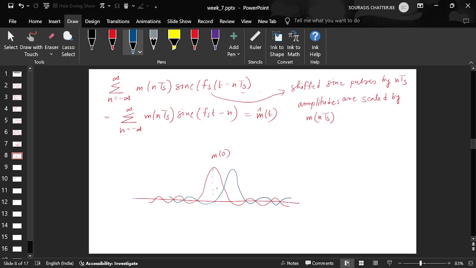The important part to know is that at this point the contribution of the sinc pulse corresponding to n0 is m0, and at that particular point the contribution of the sinc pulse, which is shifted by one fundamental period, is 0. So they are not interfering with each other.